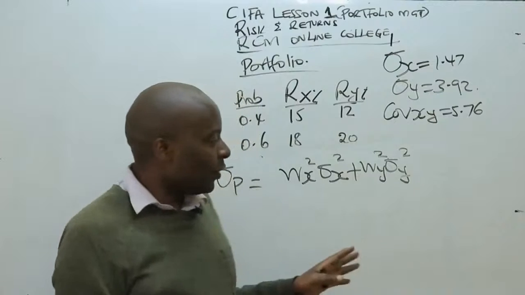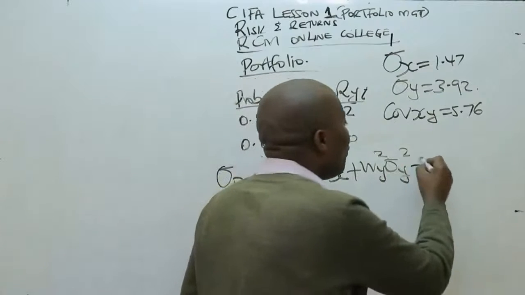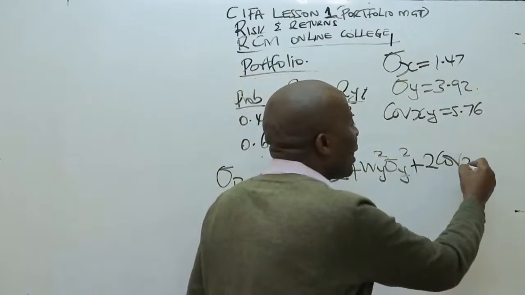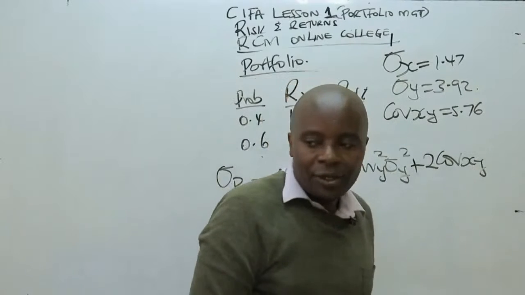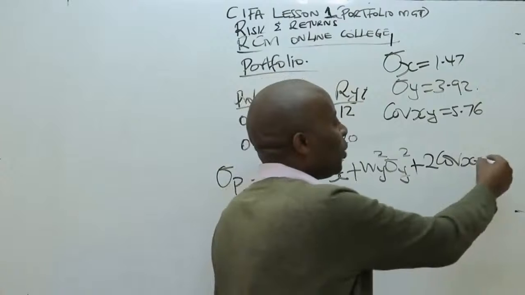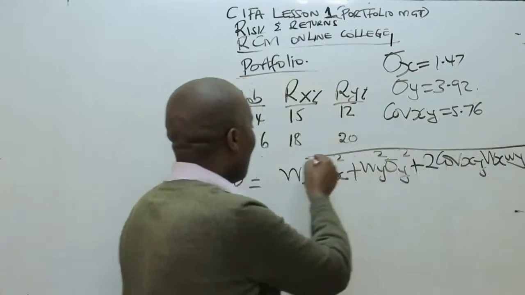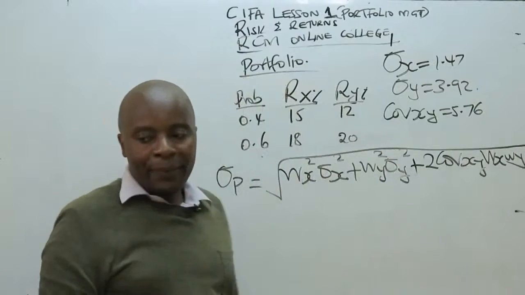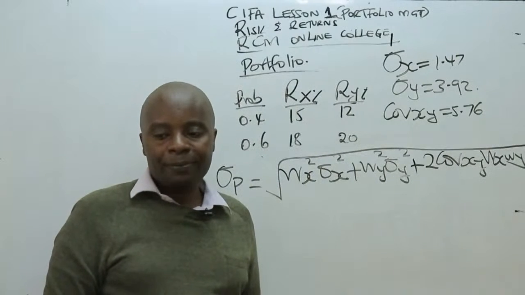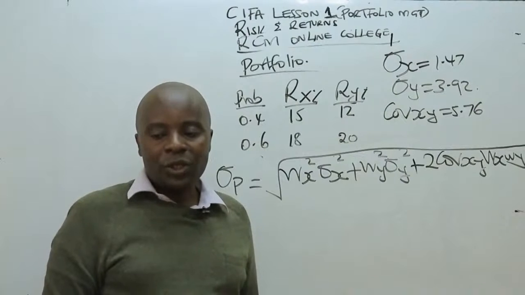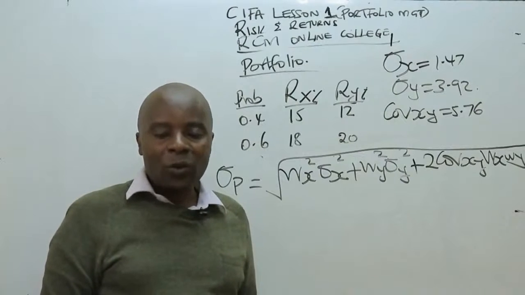So you square everything there. And then we'll come and talk over plus twice the covariance between X and Y, and then you attach the weights. Don't forget to attach the weights as you crown up everything with a big square root. Ladies and gentlemen, remember we had the weights.